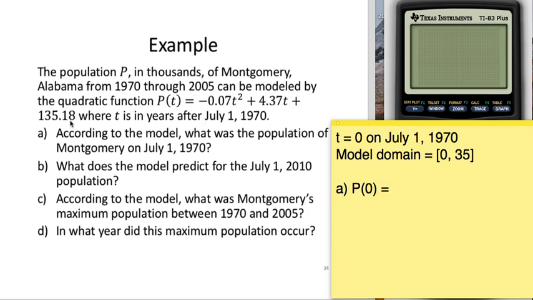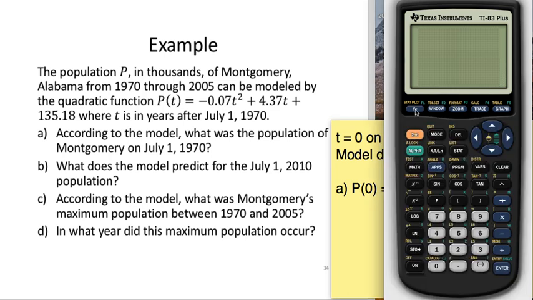Remember that on a quadratic model, the coefficient c, the constant term, will be the output when the input is 0. So that's 135.18 thousand people. Now, if we didn't see that, it's okay.